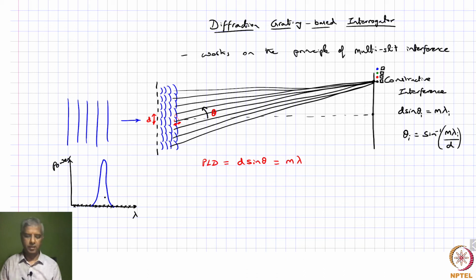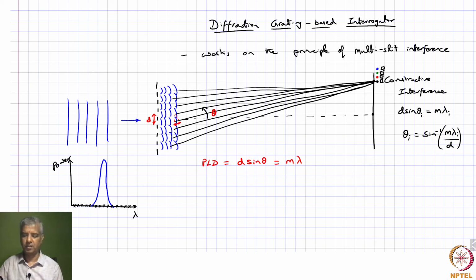So, essentially what we have done is a wavelength demodulation, wherein you can come in with light over multiple wavelengths, and they will get sorted out as different angles, different values of theta, through this constructive interference criteria. If you position a CCD element over there, you will be able to capture all these different wavelengths separately.